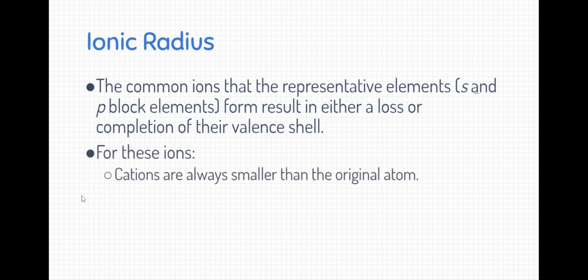So for these common ions, the cations are always going to be significantly smaller than the original atom. So when an atom loses electrons, and that results in the loss of their outer shell, that will result in a much smaller atom.